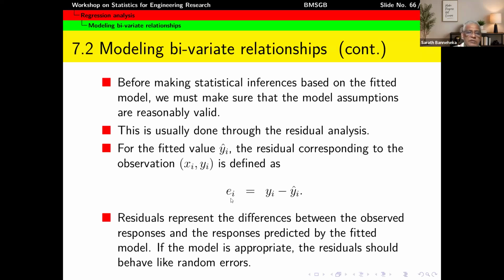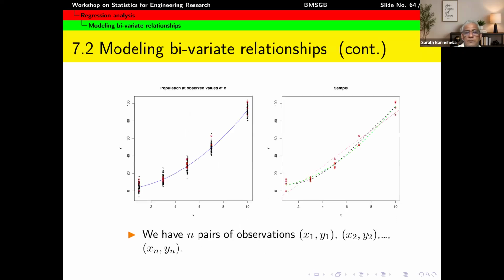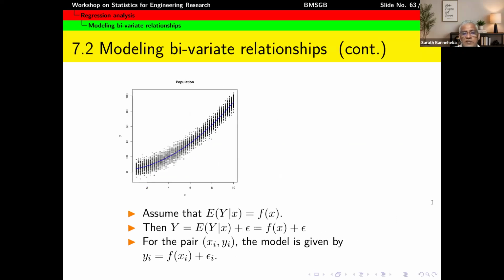Residuals represent the differences between the observed responses and the responses predicted by the fitted model. If the model is appropriate, the residuals should behave like random errors. There is a difference between errors and residuals. Errors are these quantities in the model: yi is equal to the expected value of y given x plus a quantity. That is what we call the error.